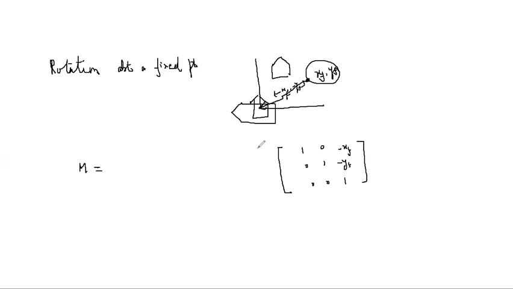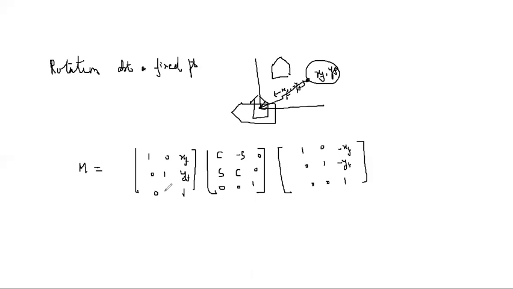Then the rotation matrix, cos theta, minus sin theta, cos theta, and then again putting it back to the pivot point or the fixed point, that is translating it by xf and yf, with 1 1 and the rest of the entries 0.